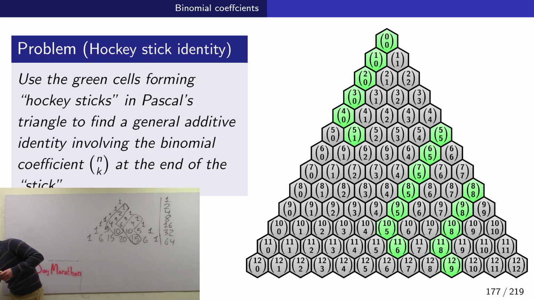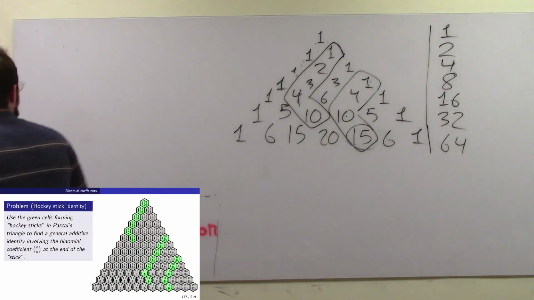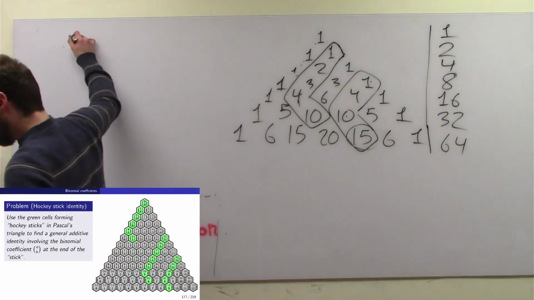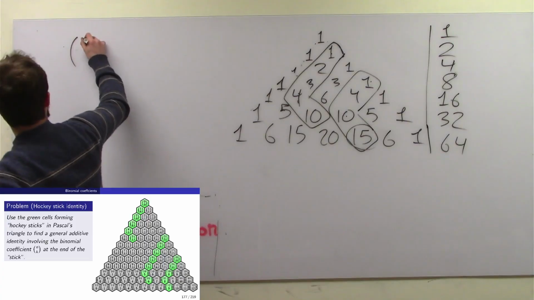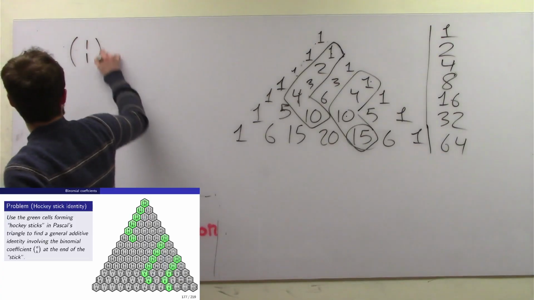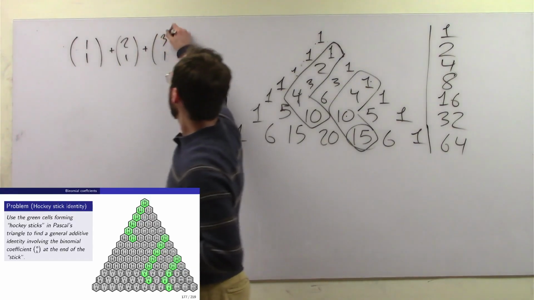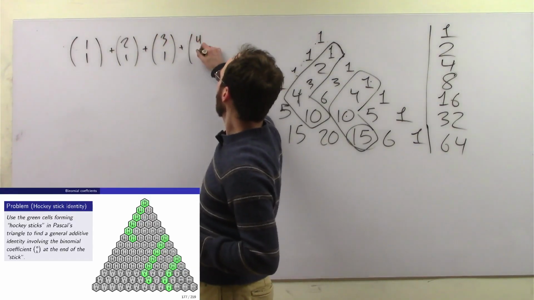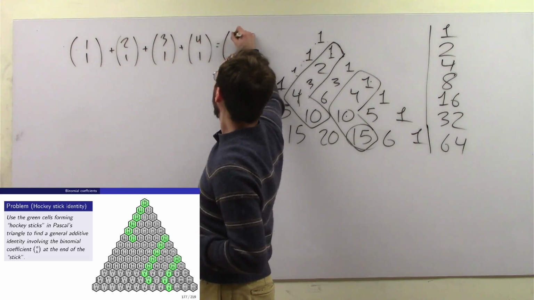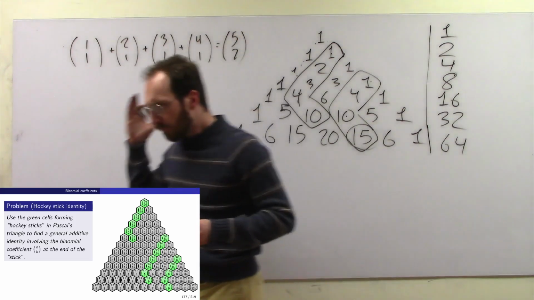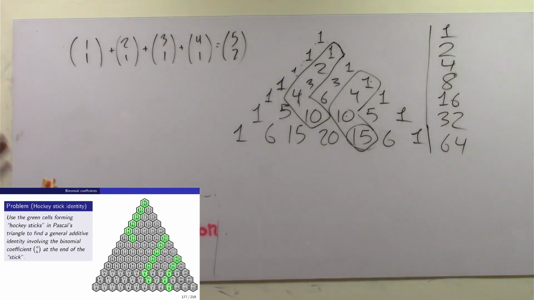Okay, let me write that down. So that's 1 choose 1 plus 2 choose 1 plus 3 choose 1 plus 4 choose 1 equals 5 choose 2. Okay, that's one instance of this hockey stick.